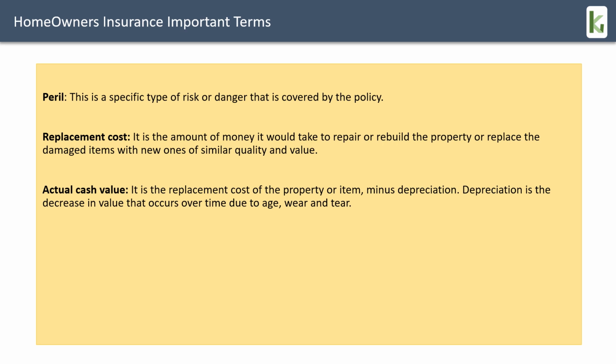Okay, then we have replacement cost. It is the amount of money that it would take to repair or rebuild the property or replace the damaged items with new ones of similar quality and value. Okay, and actual cash value is the replacement cost of the property or item minus depreciation.